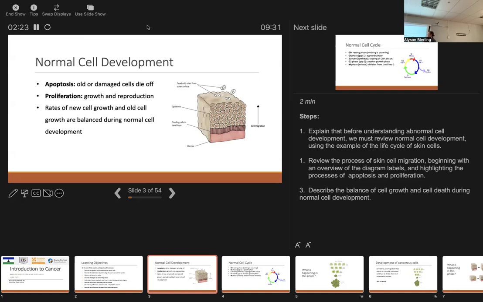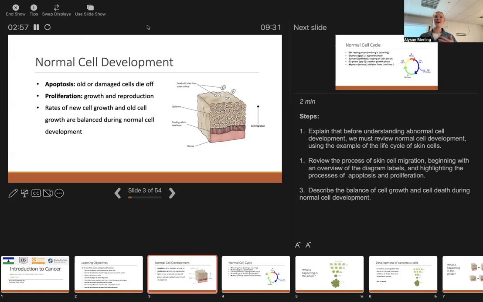And so the term apoptosis is important to remember. That is the step where these old or damaged cells above the epidermis die off, okay? And then proliferation is what's happening down here. That's the growth and the reproduction of new cells, okay? So the rates of apoptosis and proliferation are balanced during normal cell development, okay?